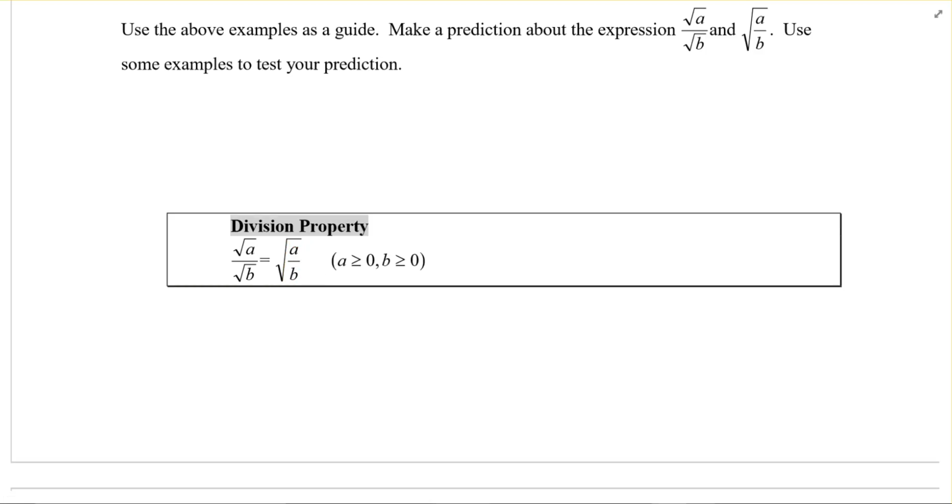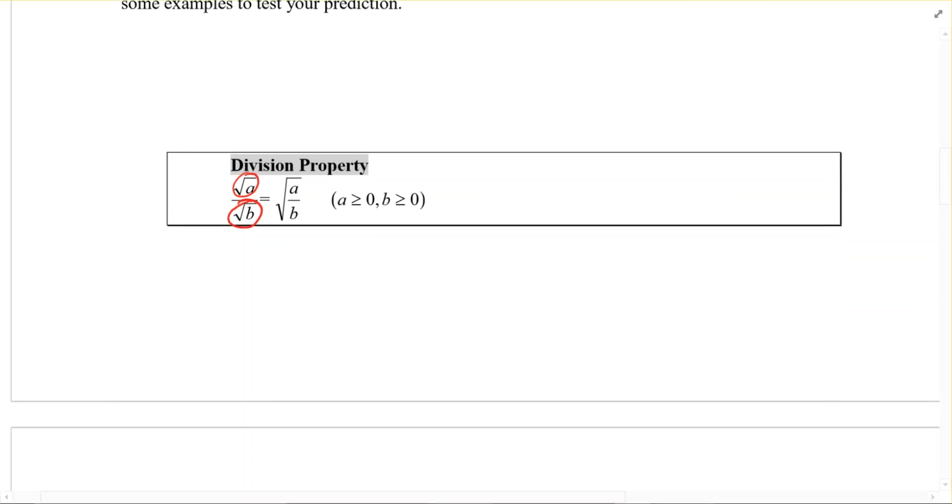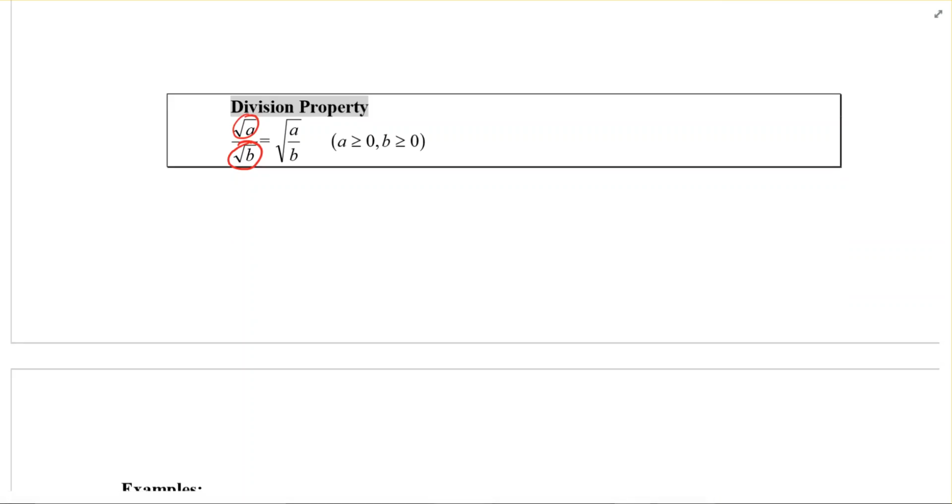Notice though that this says A needs to be greater than or equal to 0 and B needs to be greater than or equal to 0. That comes from the fact that you can't have the square root of a negative on the top or the bottom. It won't be a real number. So first off, the division property. That's what we need to know first.